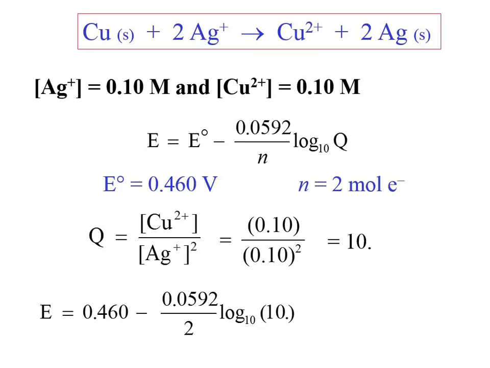All right. So you should get 0.430, and units of cell potentials, of course, are volts. And it should make sense that it will be a little less than standard. So it's 0.460 if it was 1 molar in both the silver ion and the copper 2 plus, but it's 0.430 with those lower concentrations. So that's how that works.